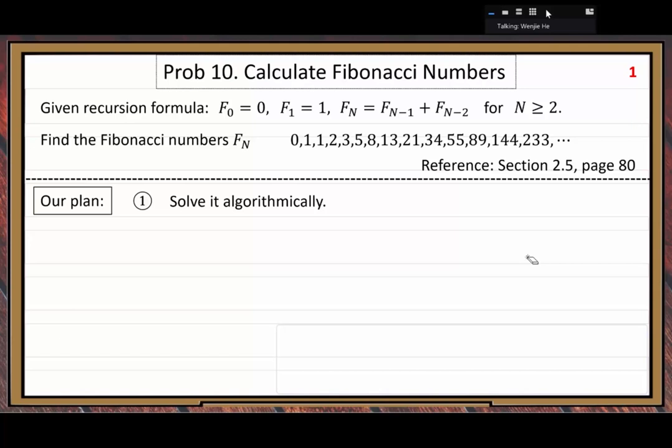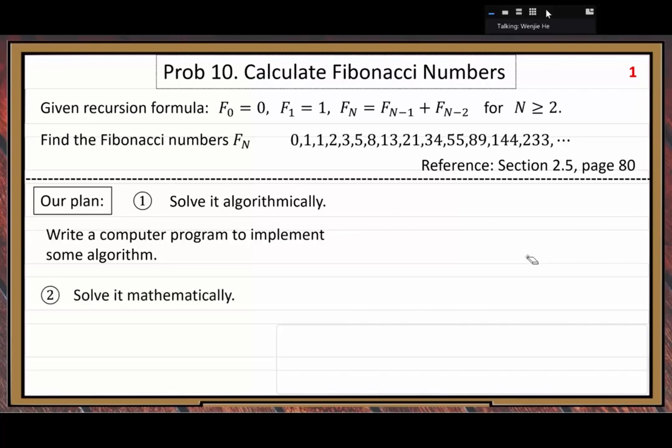The second approach, a different approach: solve it mathematically. Later we will use several methods to calculate Fibonacci numbers.